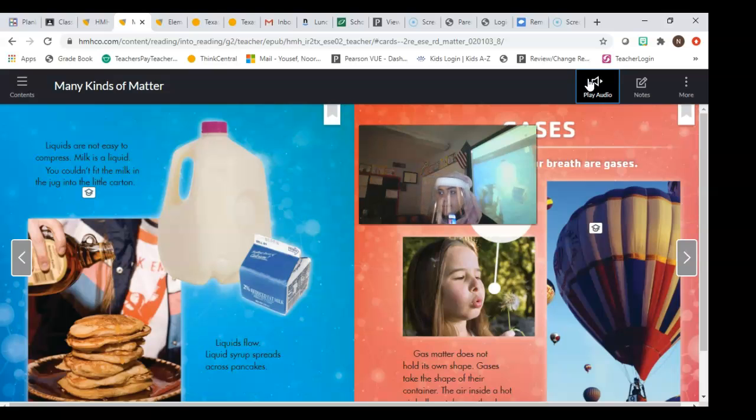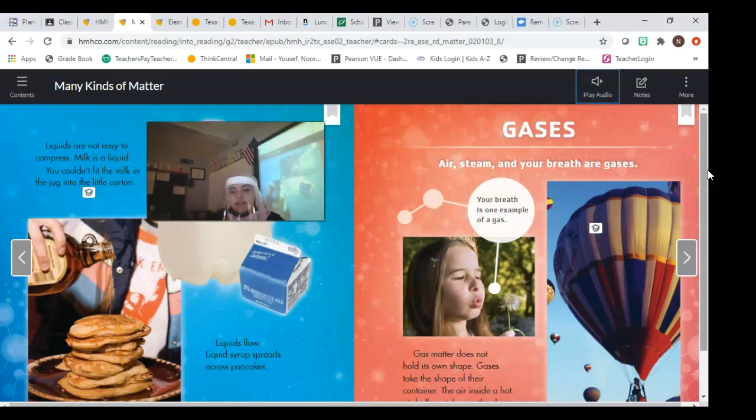Dominic? Okay, but that just changes forms. But what do they have in common? What's the same about them? What's the same about a solid and a liquid? They're both forms of matter. Very good. They're both different kinds of forms of matter. All right, let's go ahead and read about gases.